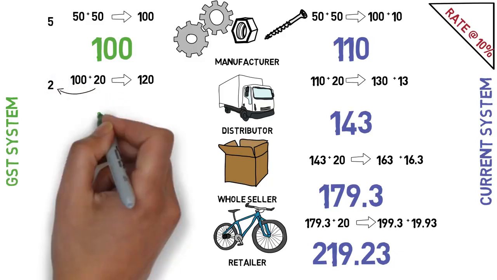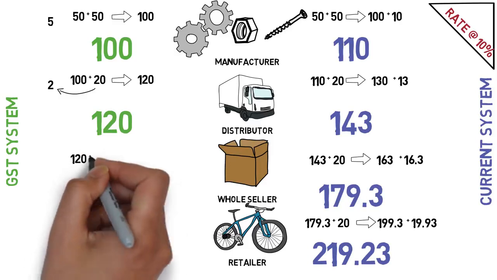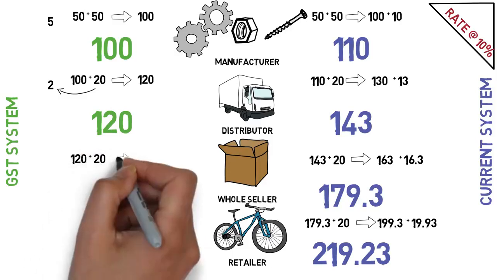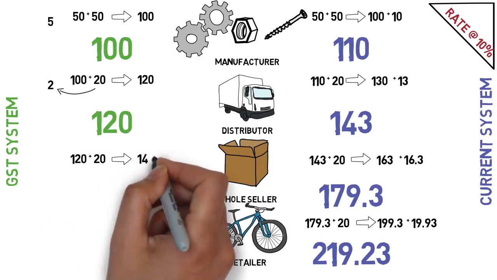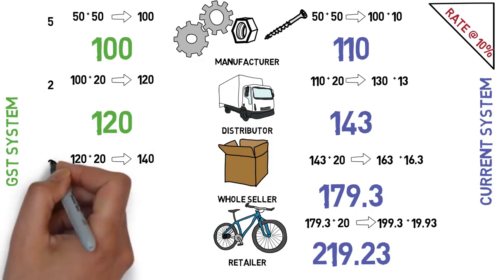The wholesaler buys the product for 120 rupees and follows the same pattern, adding 20 rupees his profit, and price will become 140 and pays the tax of rupees 2 on his profit of 20 rupees.